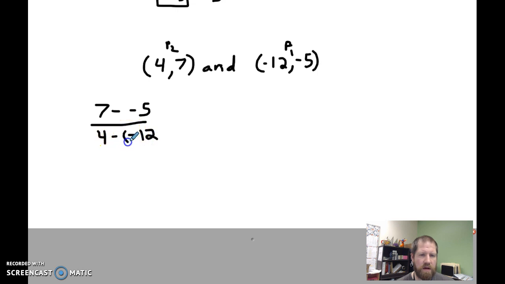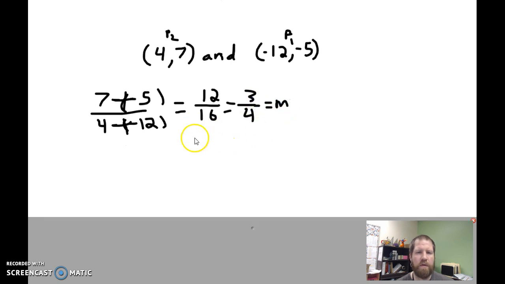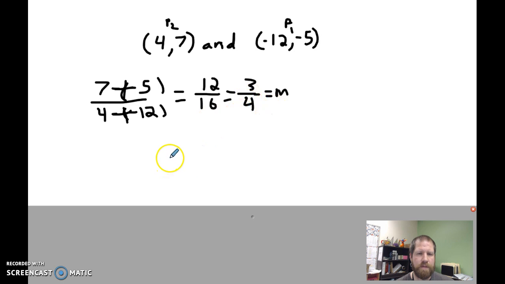Both of these are subtracting a negative, so they become positive. 7 plus 5 is 12, over 4 plus 12 is 16. And if I simplify that, divide both by 4, I get 3 over 4. So my slope, my m, equals 3/4.